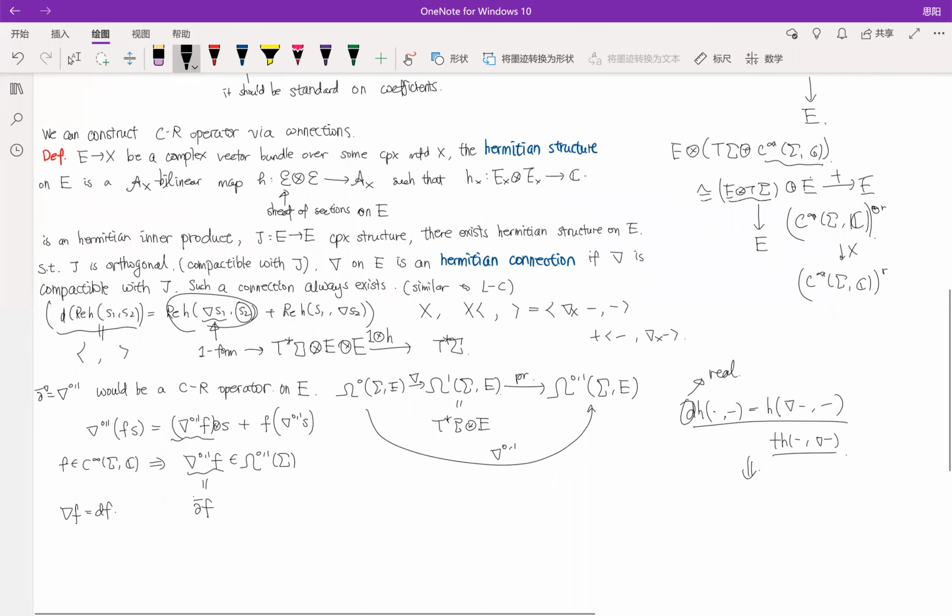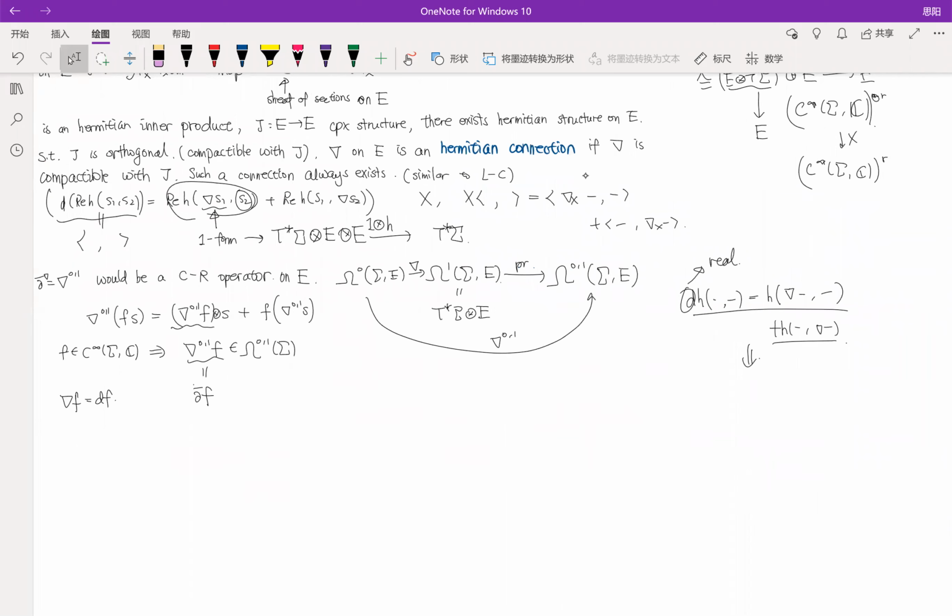And also the connection is intuitively D plus alpha, where alpha is a complex linear differential form, so that this will imply the Leibniz rule for the real part.